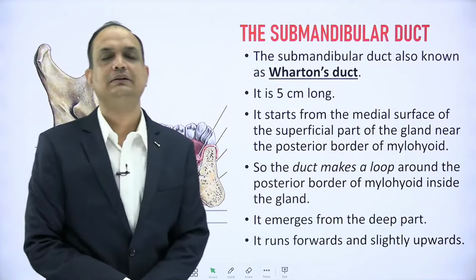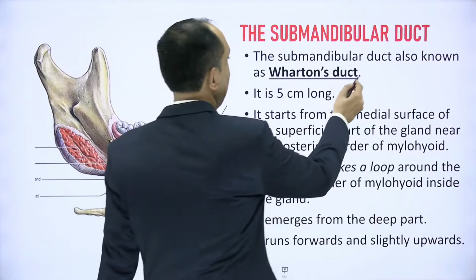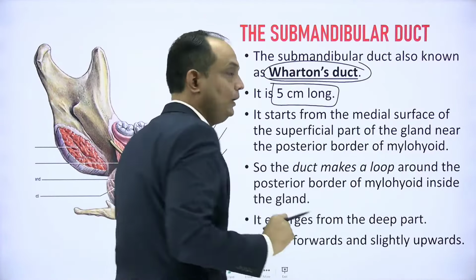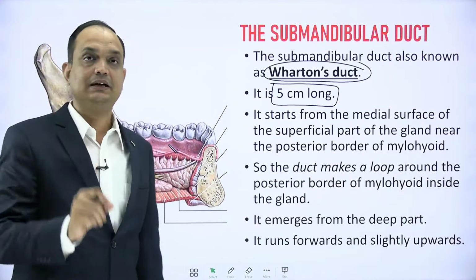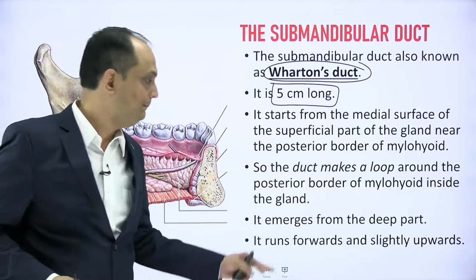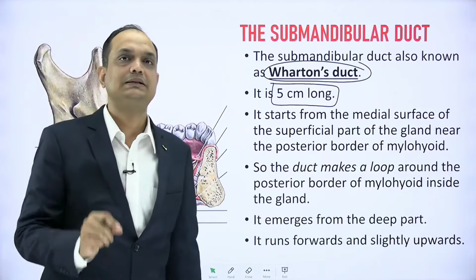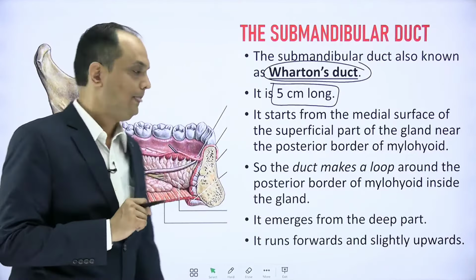Now, what about the submandibular duct? The submandibular duct is also known as Wharton's duct. It is 5 centimeters long, and the important thing to keep in mind is that this duct emerges from the deep part, but the beginning of the duct is very early.